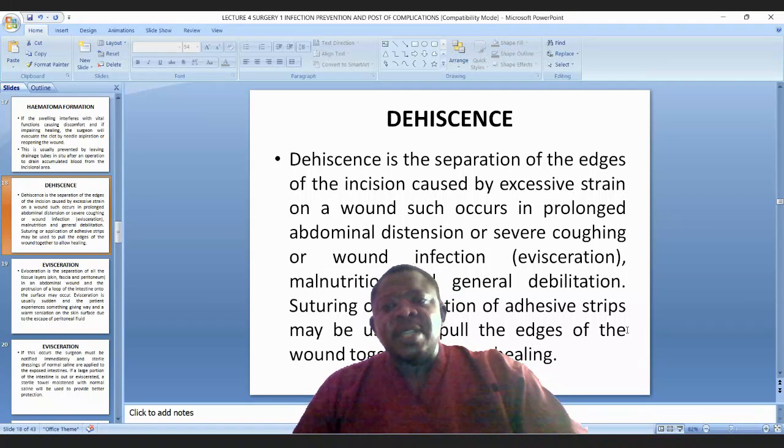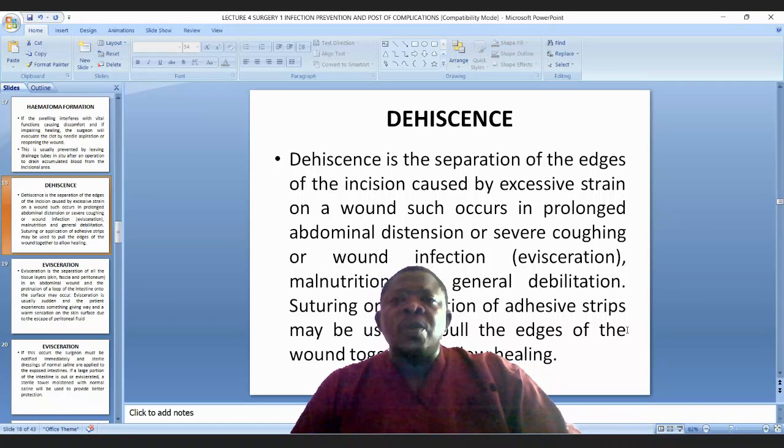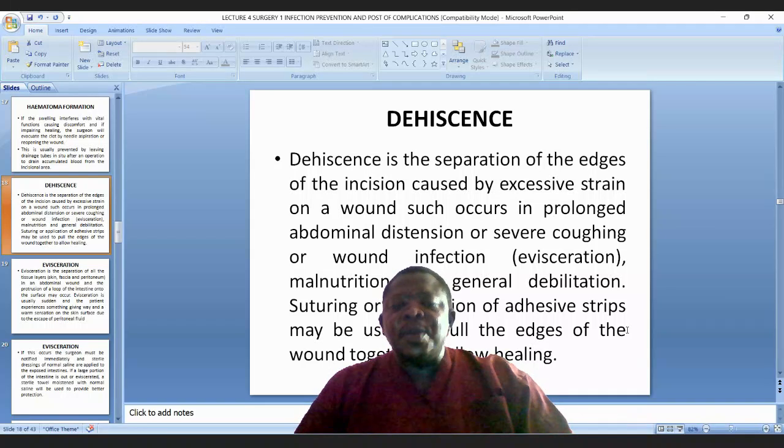It may also occur if the patient has malnutrition or general debilitation. Suturing or application of adhesive strips may be used to pull the edges of the wound together to allow healing. To prevent wound dehiscence, you need to ensure that the patient has the right weight for proper surgery, is not malnourished, and is treated for respiratory tract infection that may cause abdominal pressure buildup when they are coughing.